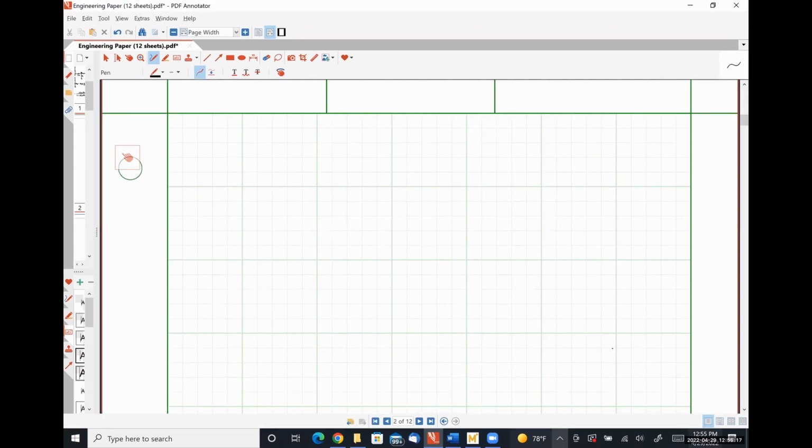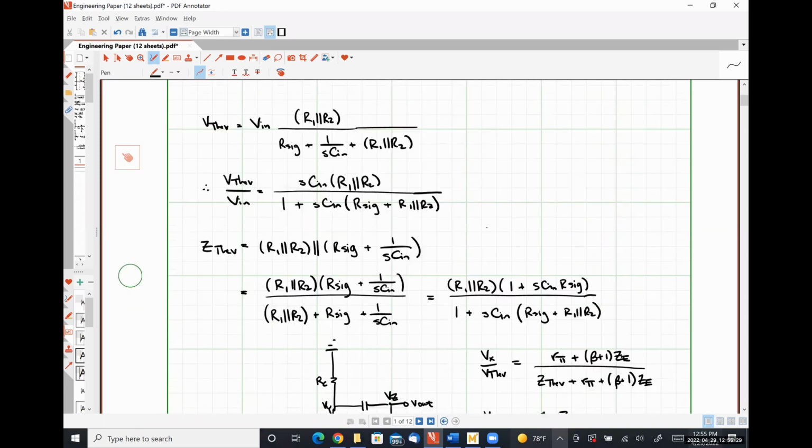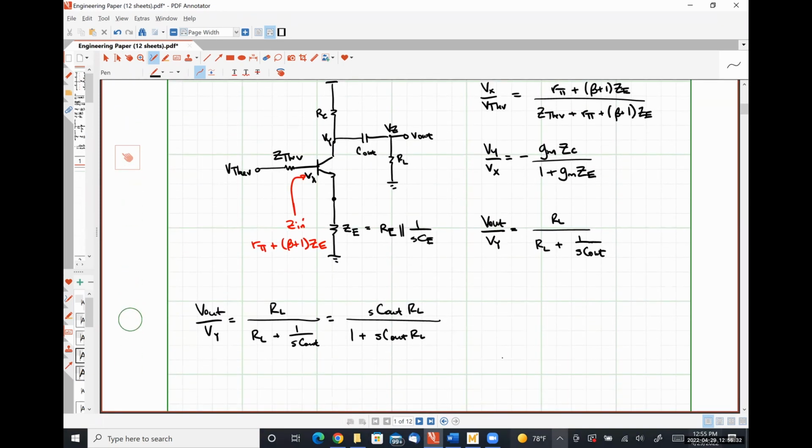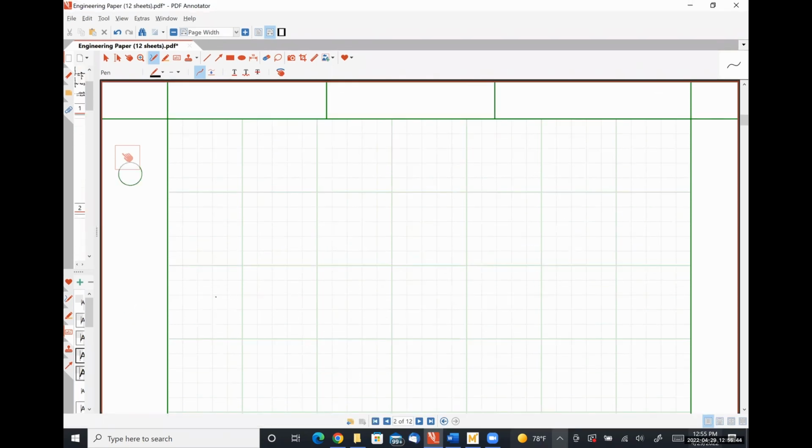Next, we're going to do Vy over Vx. So I'm going to get to that page in my notes. You good? All right. Since Vy over Vx depends on ZC and ZE, I'm going to take some time to expand those things out here just real quick so that we know what we're substituting in.